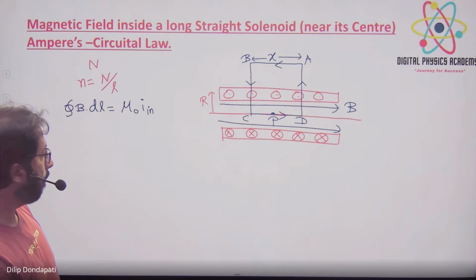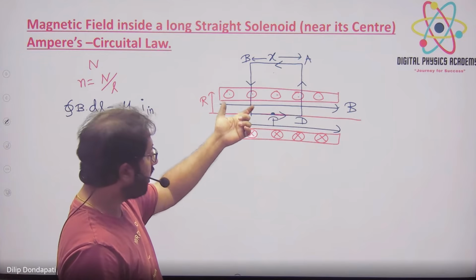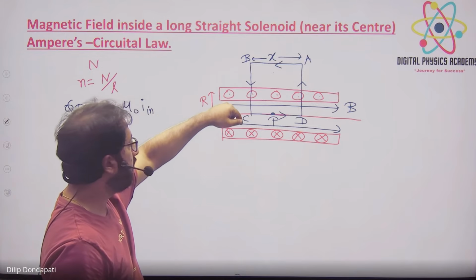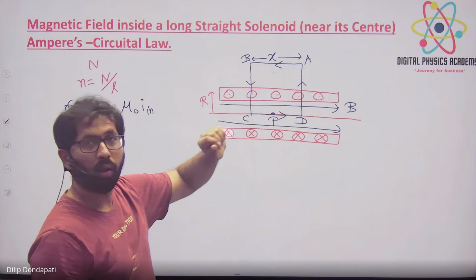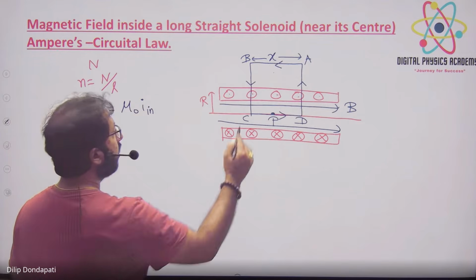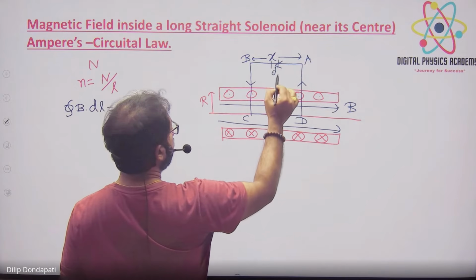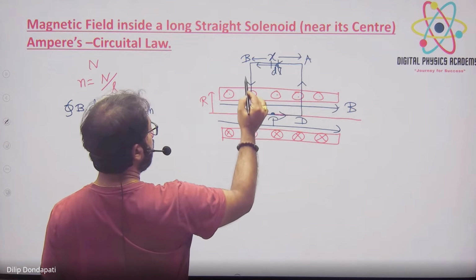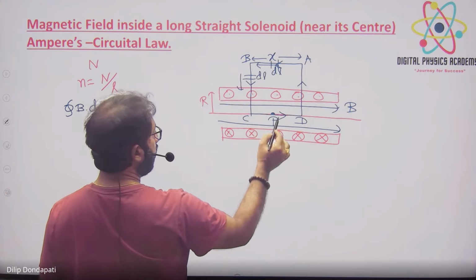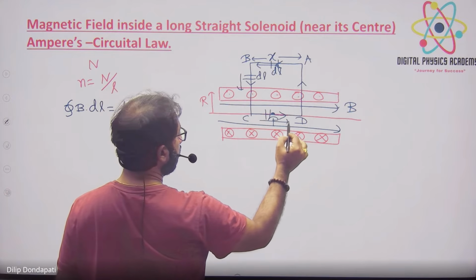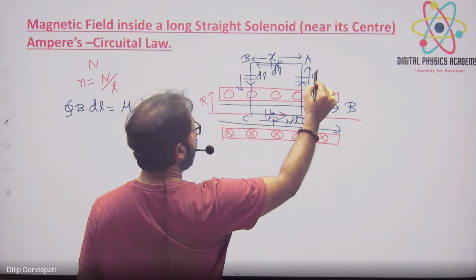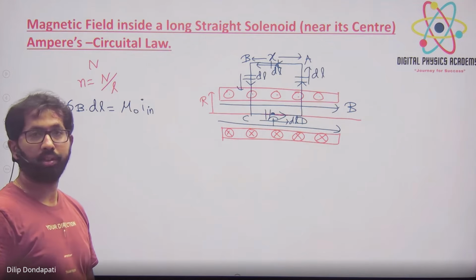Now we have to apply this B dot dl for AB, BC, CD and DA. And the dl vector should be taken along the loop direction only. Look, in this one dl is like this, in this one dl is like this, in this one dl is in this direction, and in this one dl is in this direction. Along the loop direction we are taking dl.